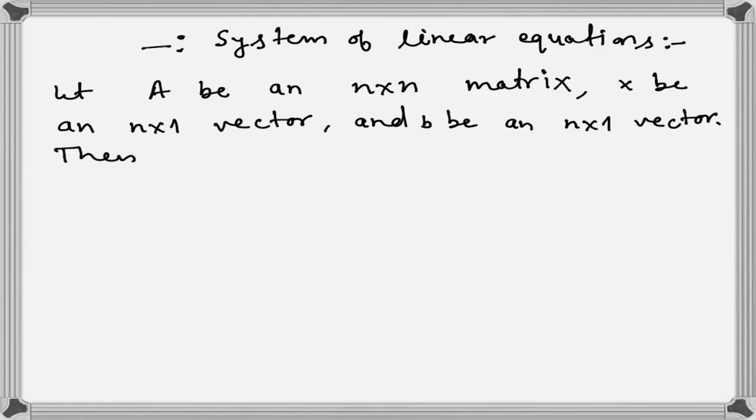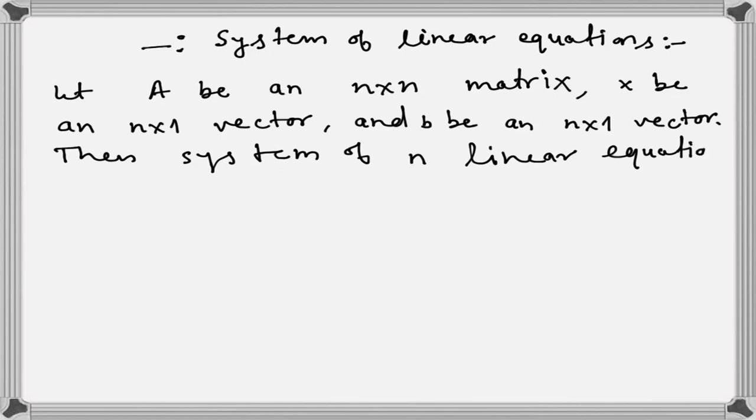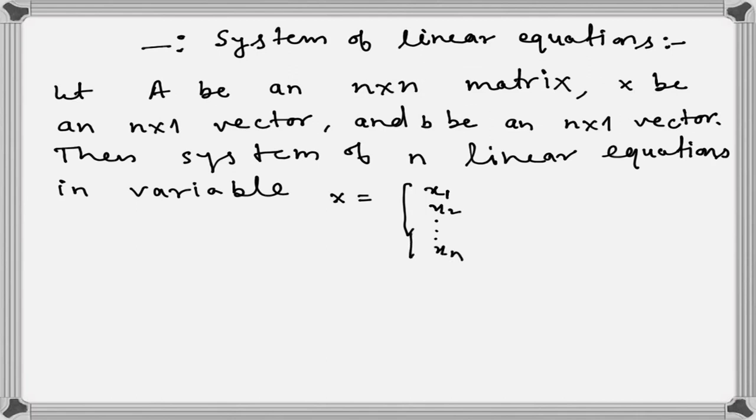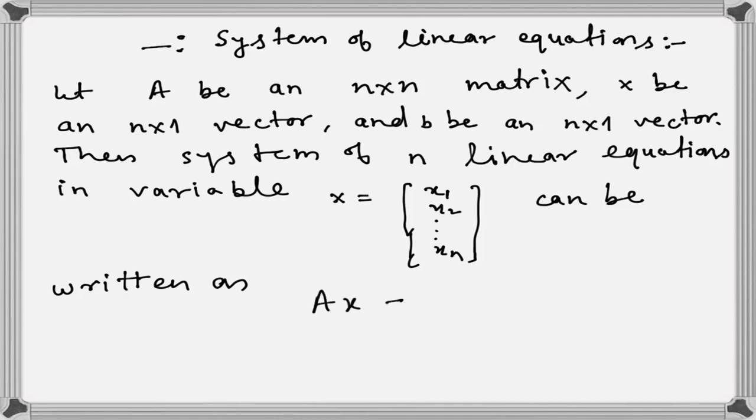Then a system of linear equations in variable x can be written as Ax = B.